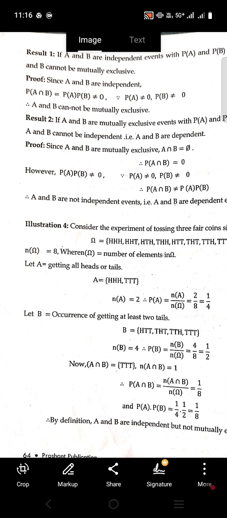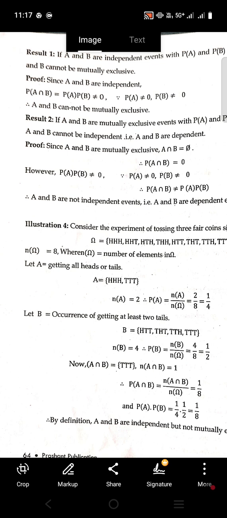to find event A equal to getting all heads or all tails. Here all heads is 1 outcome, H, and all tails, T, is another outcome, so the number of elements in A, n of A, equals 2.